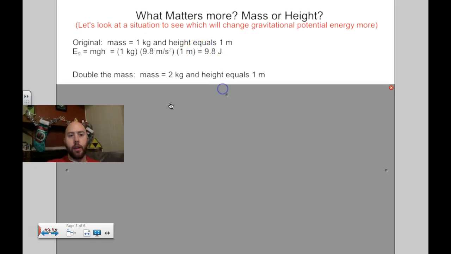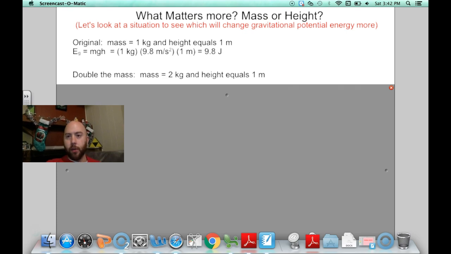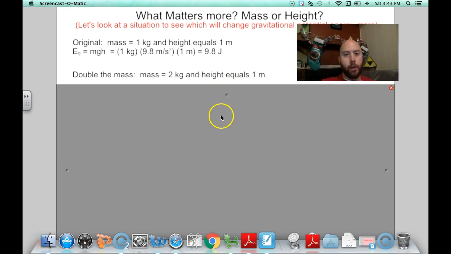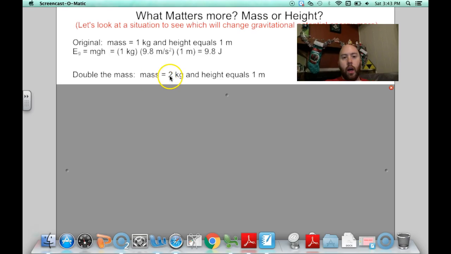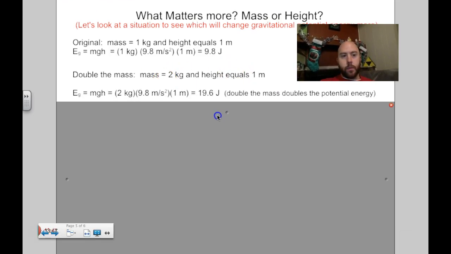Let's double the mass. I doubled the mass. I kept the height the exact same. So again, potential energy, mass times gravity times height, 2 kilograms times 9.8 meters per second squared times 1 meter is 19.6 joules.